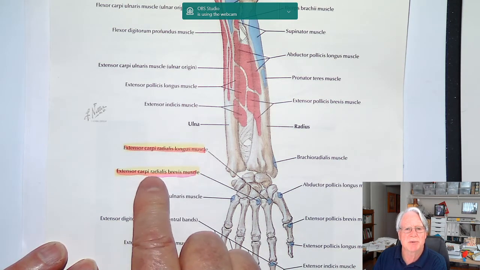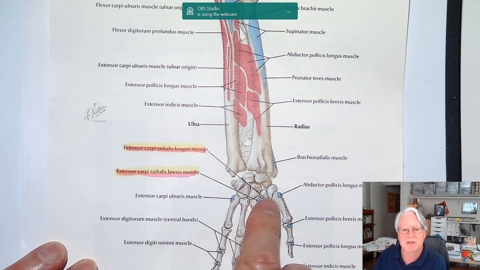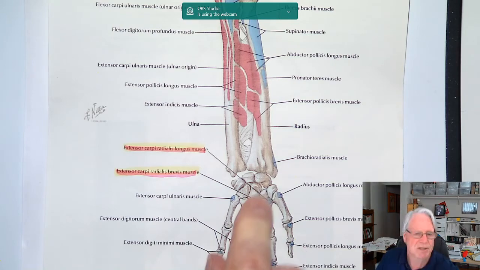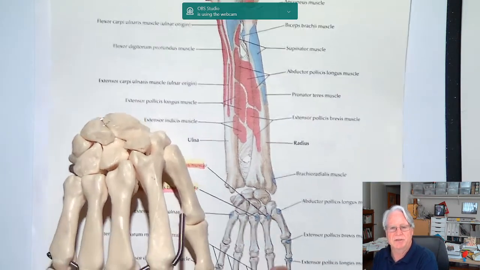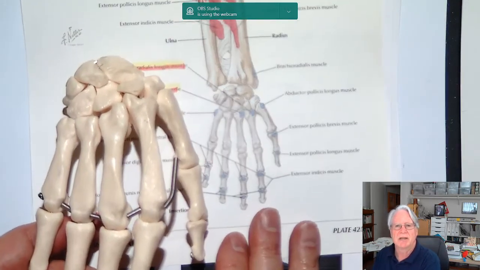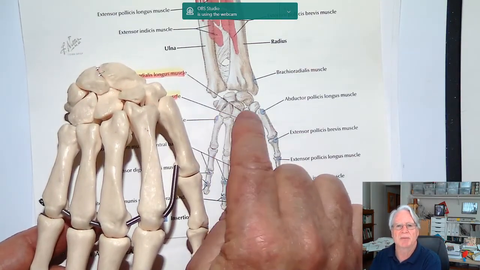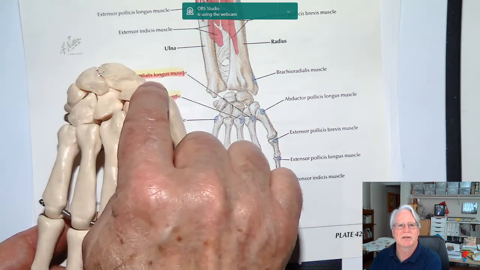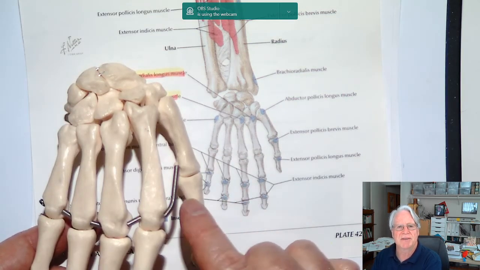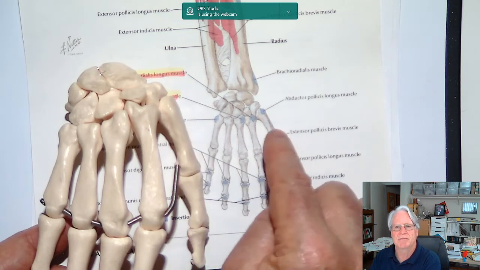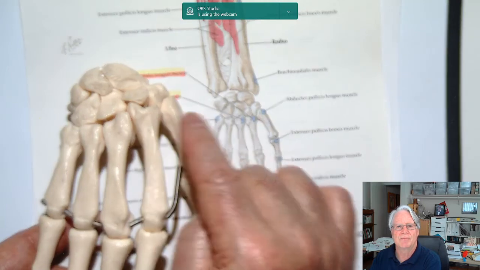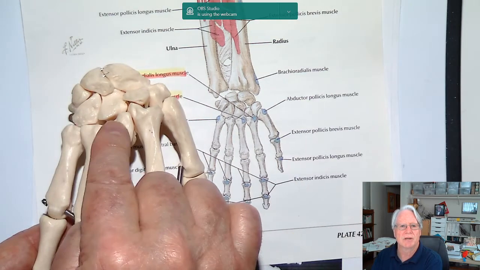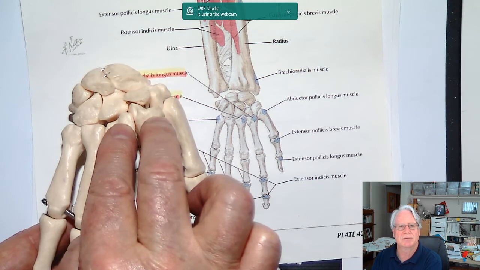And extensor carpi radialis brevis is going to be II and III. This is the posterior aspect of the hand. These are my carpal bones, and this is my thumb, so that's metacarpal I. Here's metacarpal II, it's going to be there, and metacarpal III right there. So those two points right there.